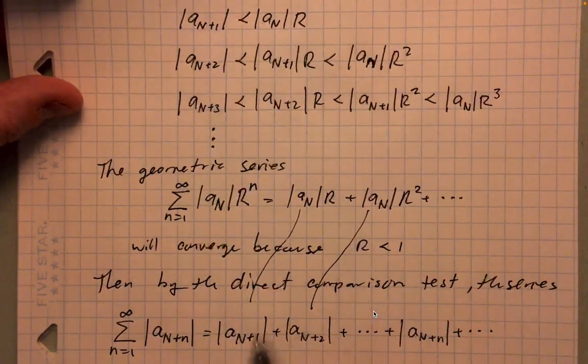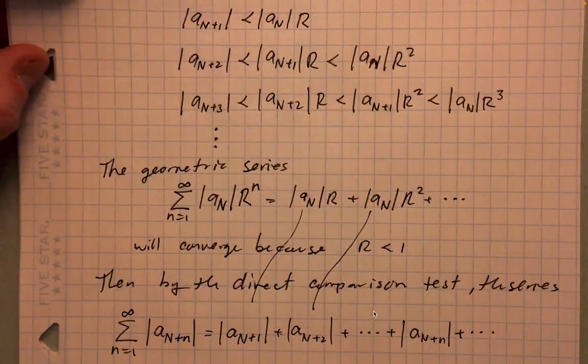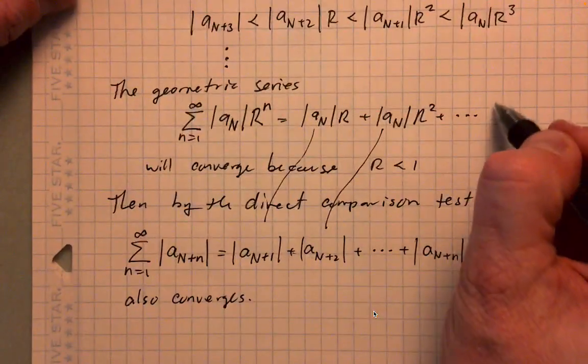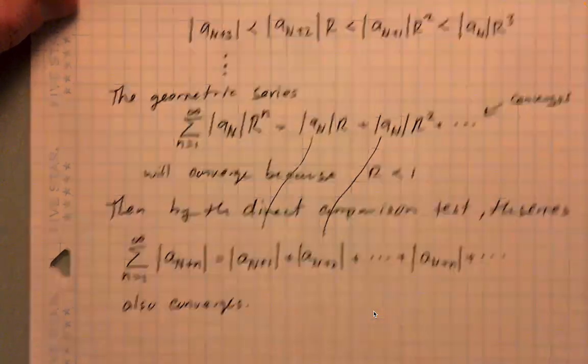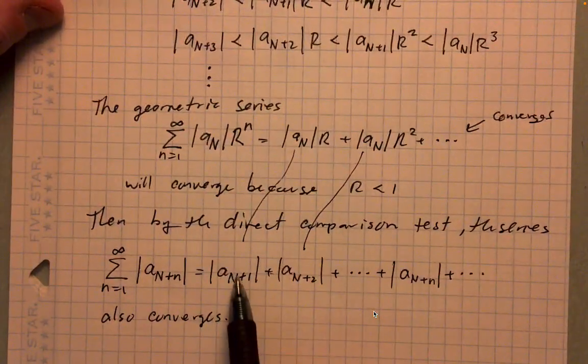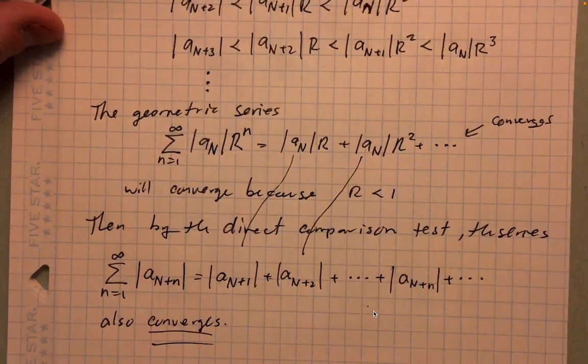Sorry, these are less than. So if that one converges and all of the terms are smaller than this, then this one is going to have to also converge. That's the direct comparison test.